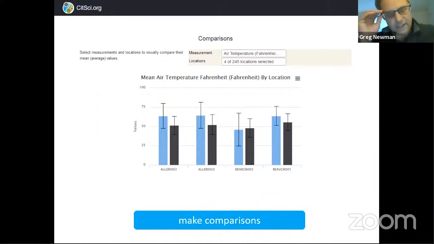We've also built into this particular platform the ability to make comparisons across sites to do some analysis, complete with automatically generated standard errors and whatnot, to compare, say, air temperature at 4 of 245 monitoring locations as submitted by volunteers through citizen science means.